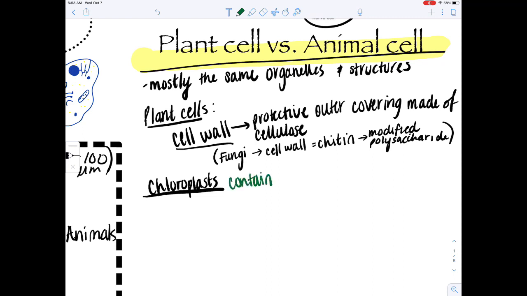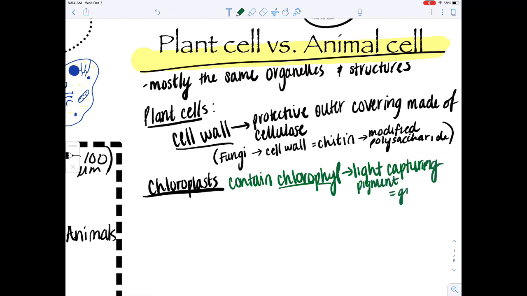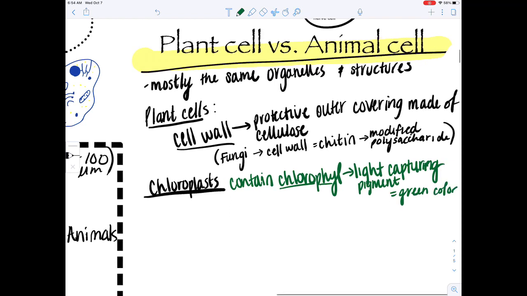Now the thylakoids are organized into stacks, which allow them to produce more energy. Okay, so the thylakoids and that organization, so it brings back that surface area to volume ratio, is that it's allowing it to produce more energy than if it was not stacked.